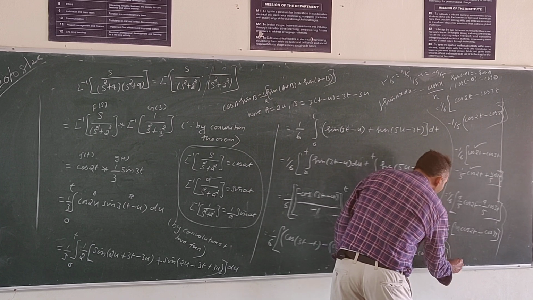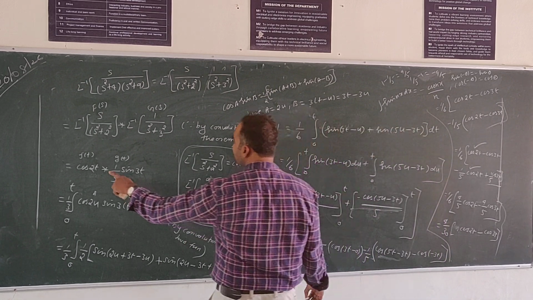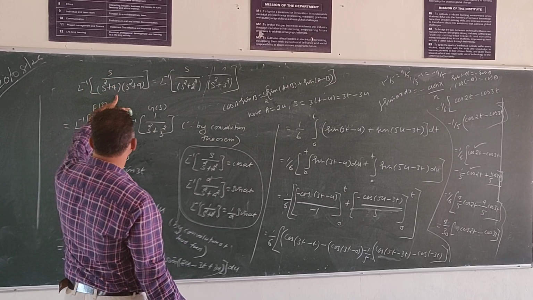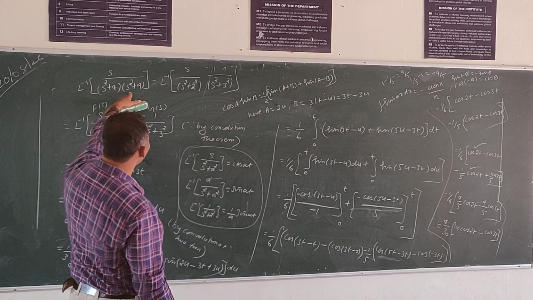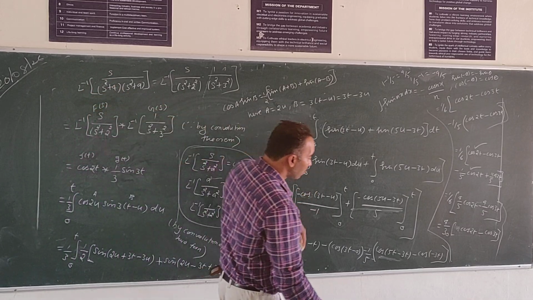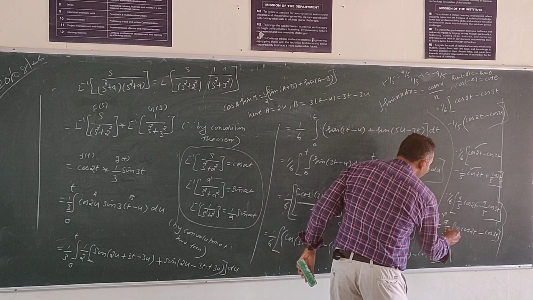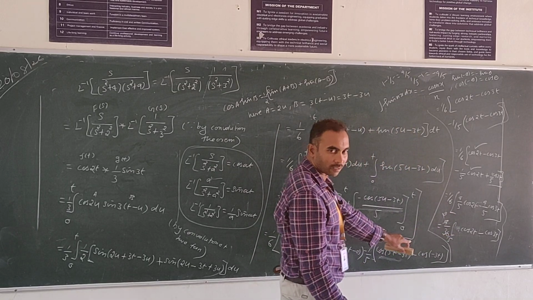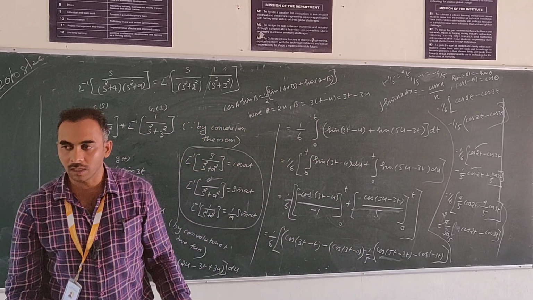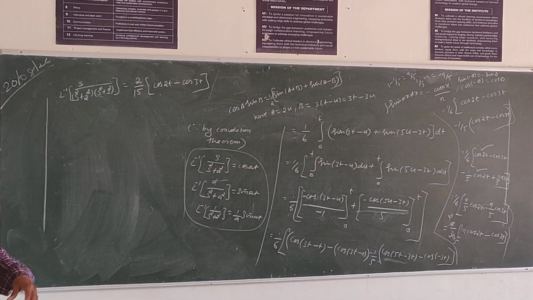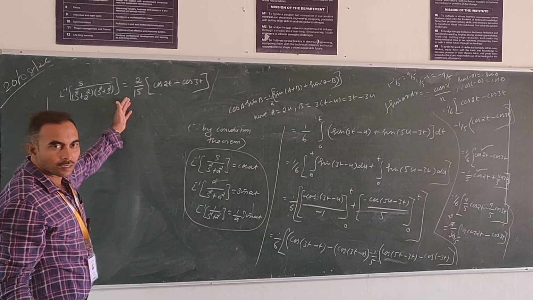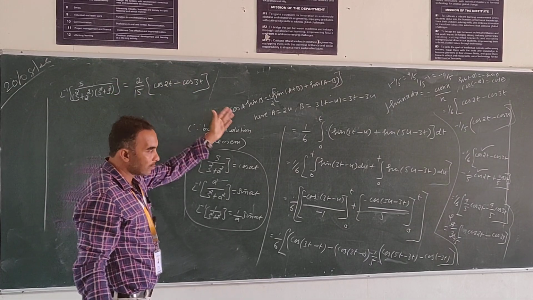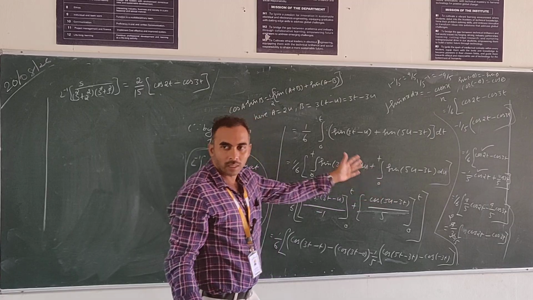So the final answer: L inverse of s squared divided by (s squared plus 4)(s squared plus 9) equals 2/15 (cos 2t minus cos 3t). Okay, simplify that. This is the final answer.